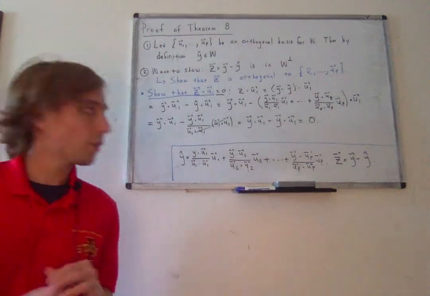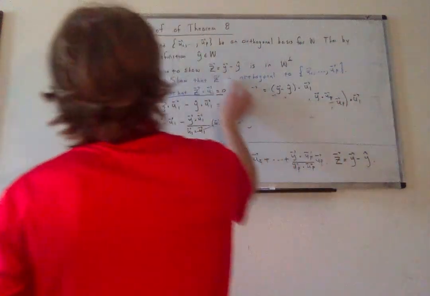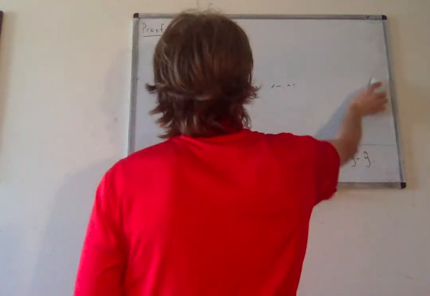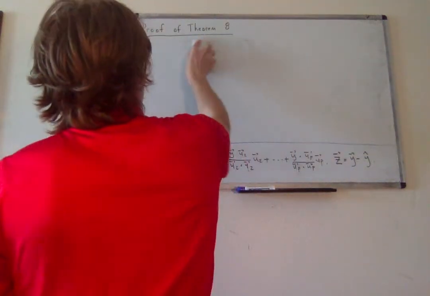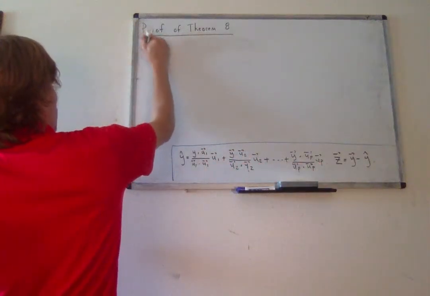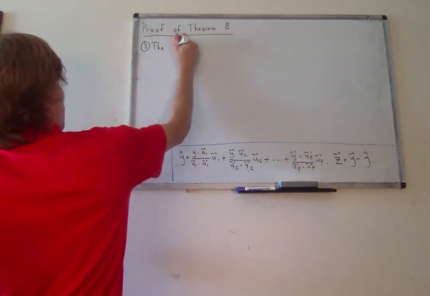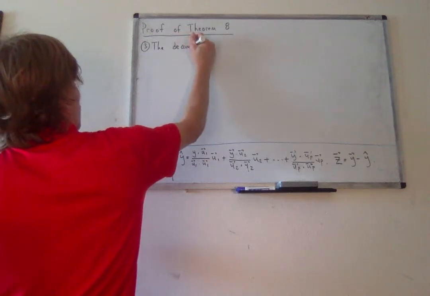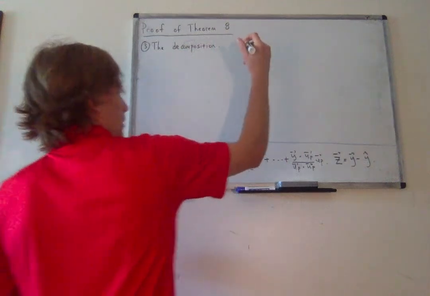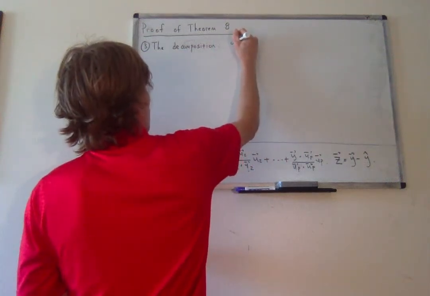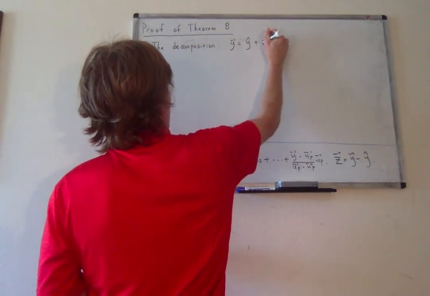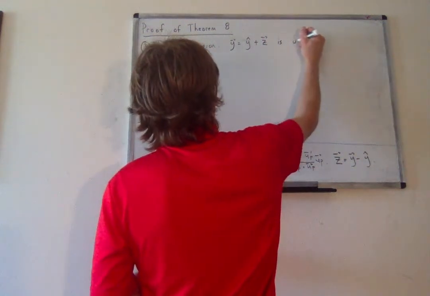All right, so we have one more thing to show for the proof of Theorem 8, and then we can look at an example of this. The theorem stated that this decomposition is unique.